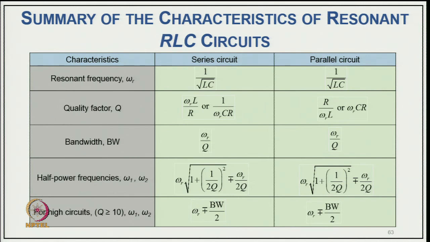Quality factor in the series circuit is omega_r L upon R or 1 upon omega_r C R, and in the parallel circuit is R upon omega_r L or omega_r C R. Bandwidth is omega_r upon Q, and in the parallel circuit is also omega_r upon Q. Half power frequencies omega_1, omega_2 equal omega_r under root 1 plus 1 upon 2Q square, minus plus omega_r upon 2Q, and in the parallel circuit also it is the same: omega_r under root 1 plus 1 upon 2Q square, minus plus omega_r upon 2Q.